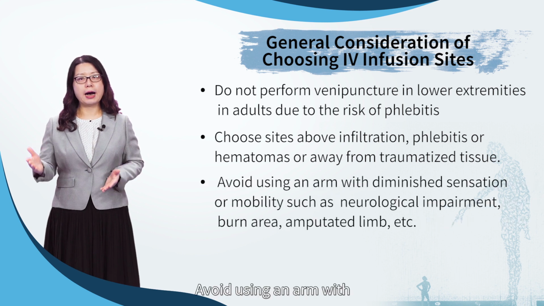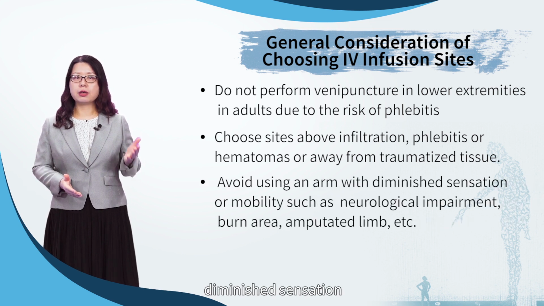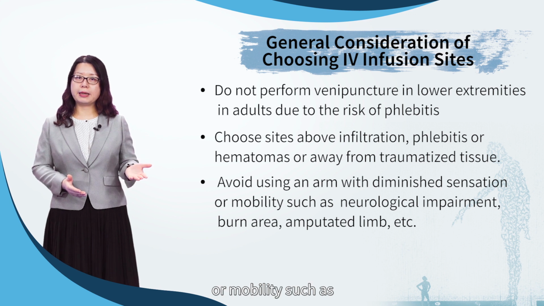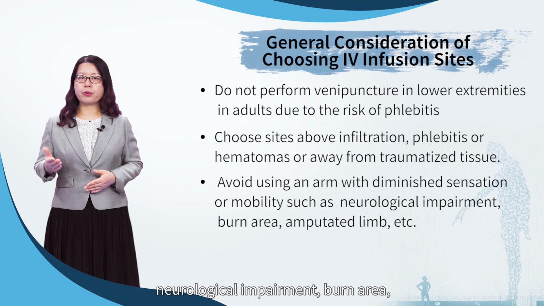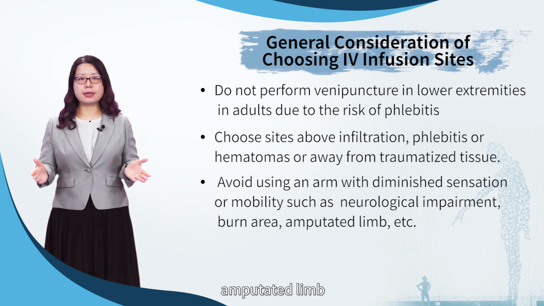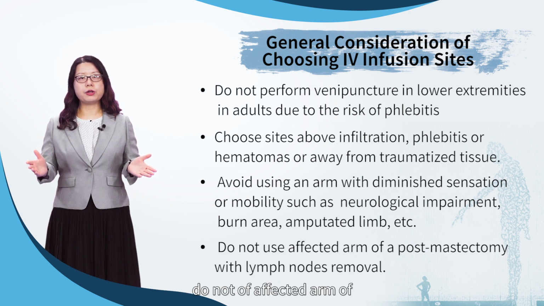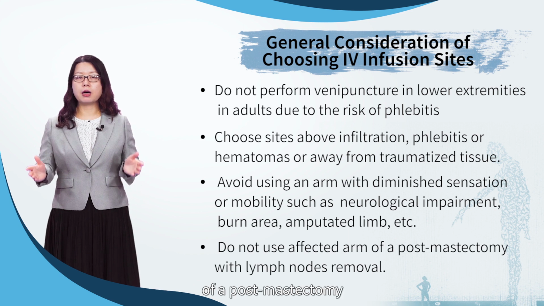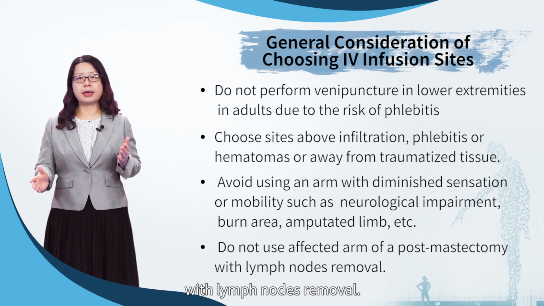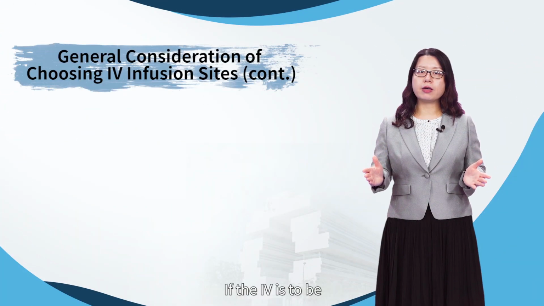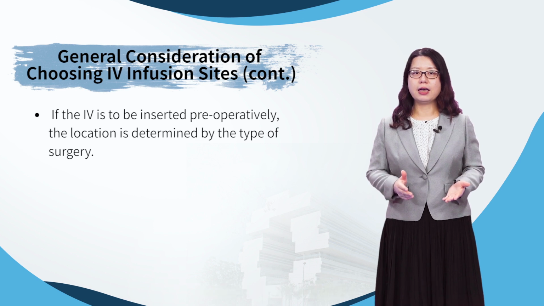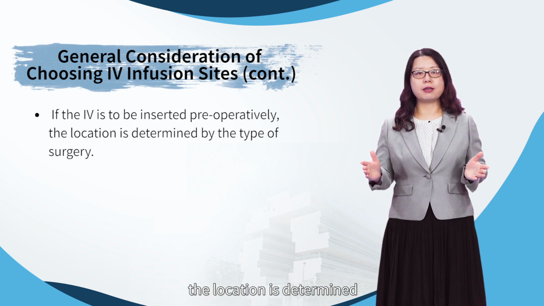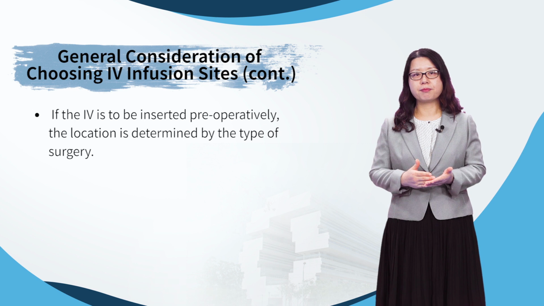Avoid using an arm with diminished sensation or mobility, such as neurological impairment, burn area, and amputated limb. Do not use the affected arm of a post-mastectomy patient with lymph nodes removed. If the IV is to be inserted pre-operatively, the location is determined by the type of surgery.